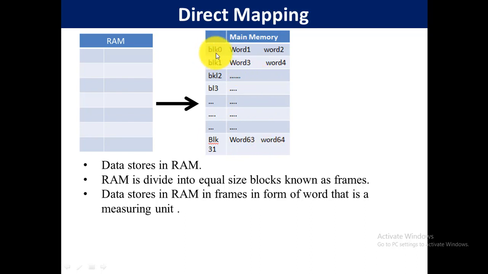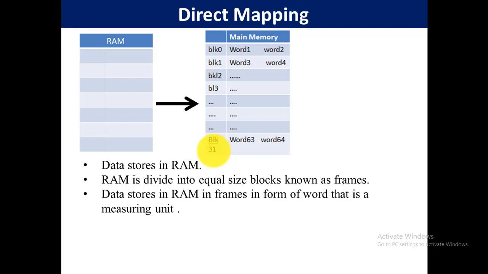So the first block starts from 0, then block 1, then block 2, 3 and onwards, as many blocks as we want, as much memory as we have. So we divide the full memory into equal size blocks and then number them, index them from 0 onward.